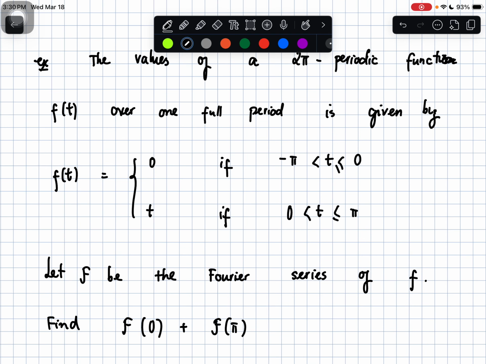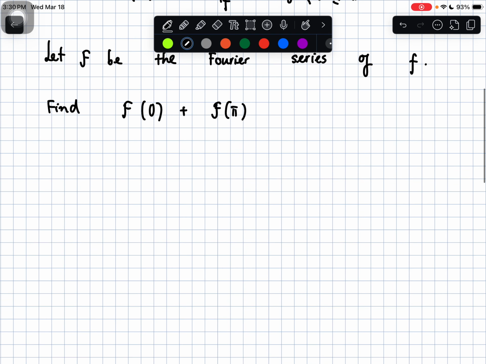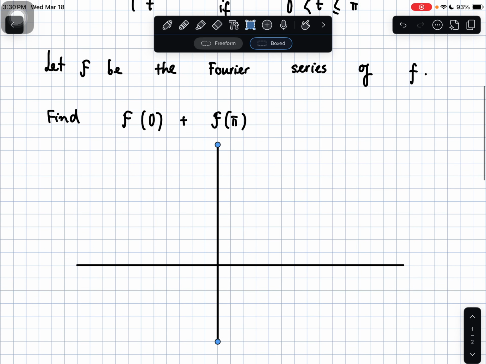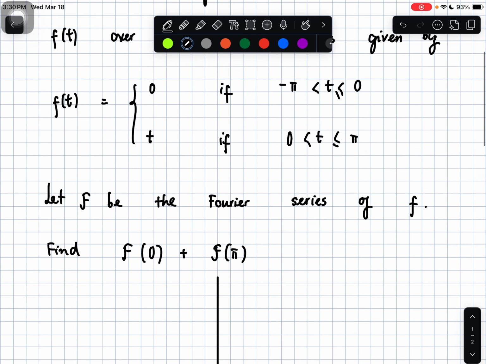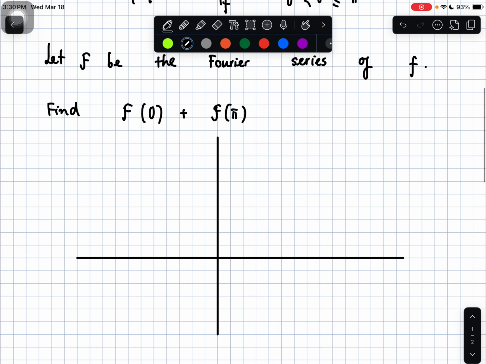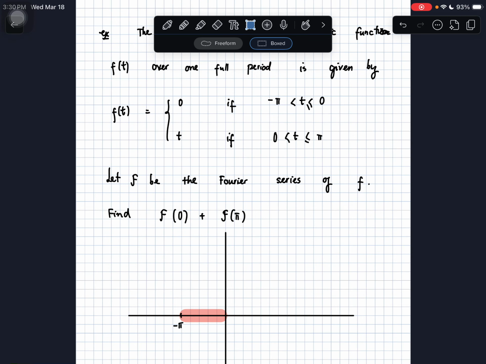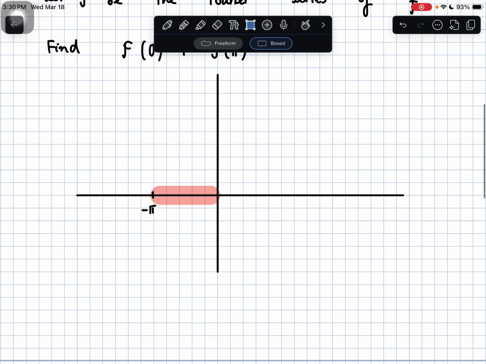So function f is given by this formula. This is piecewise continuous, period 2 pi. We don't need to graph it, but I graph it to see what f looks like. It is 0 from minus pi to 0, so say minus pi here, equal to 0 between negative pi and 0, and equal to t between 0 and pi.